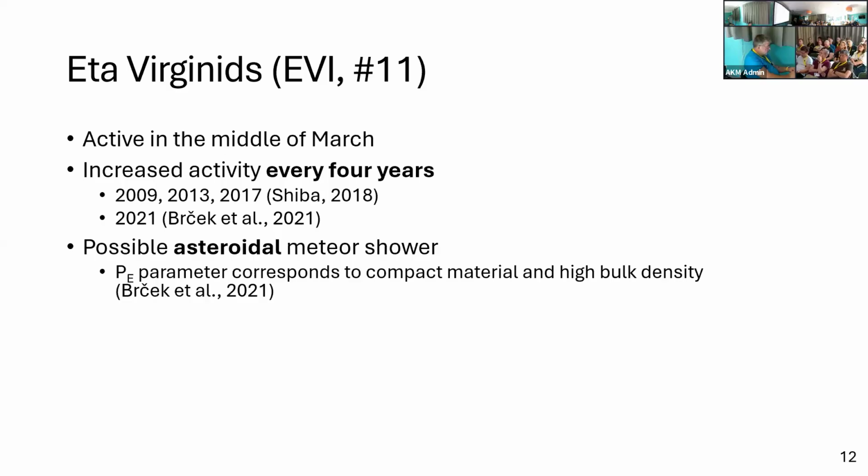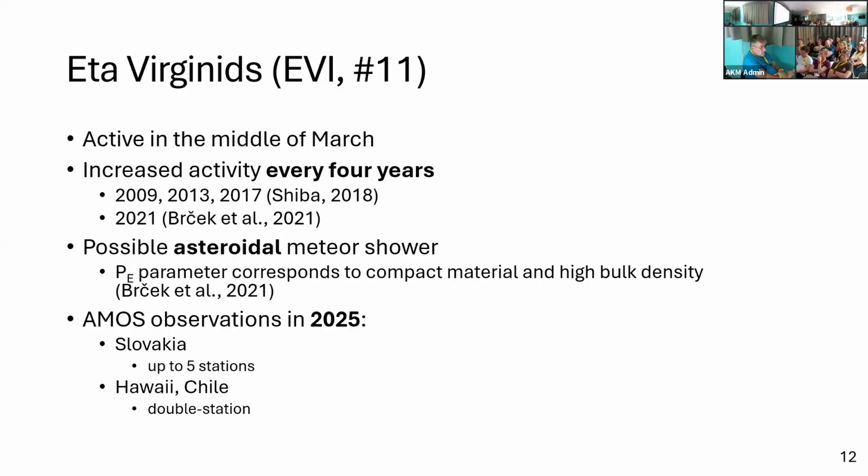Their results show that Eta Virginids are possibly an asteroidal shower because the PE parameter corresponds to high bulk density and compact material. So using simple math, we have determined that this year there would be another increase in activity, which we have indeed observed above Slovakia, Hawaii, and Chile.